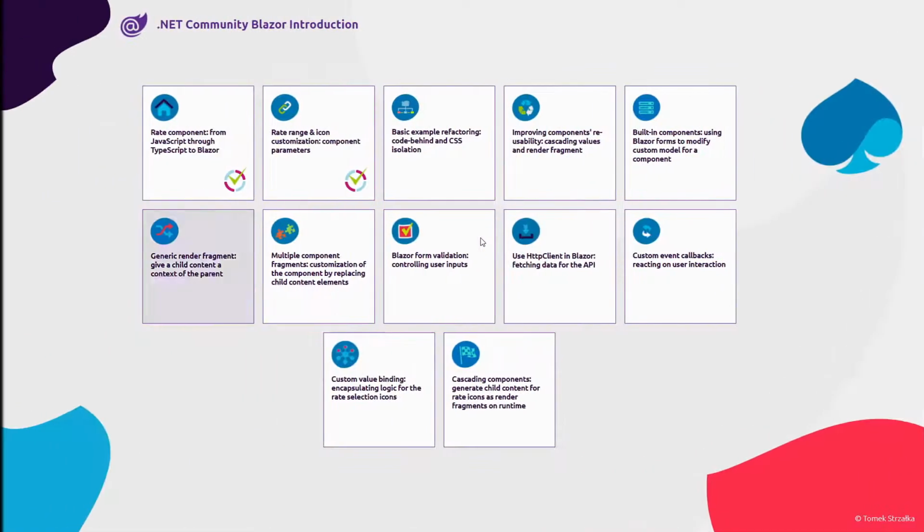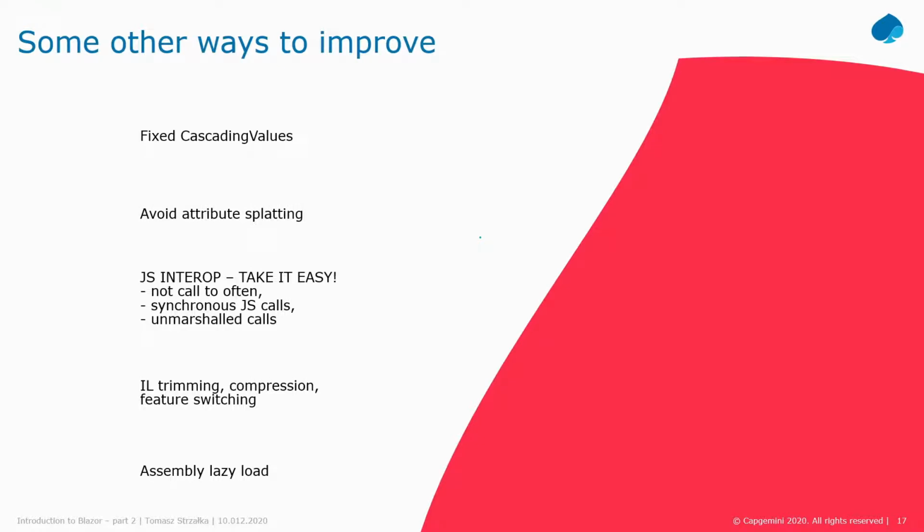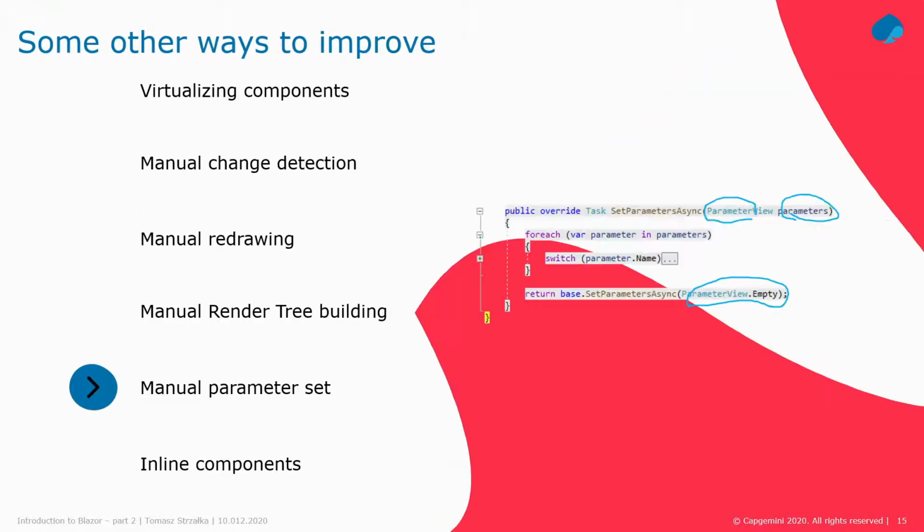A good example of using attribute splitting is the example we showed earlier. Here we have the input number component.